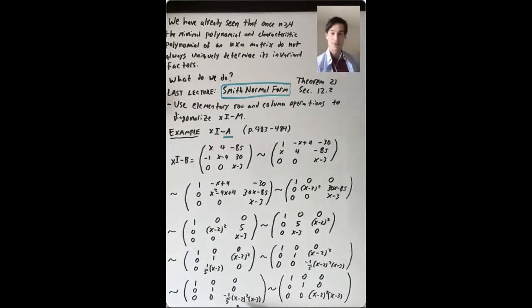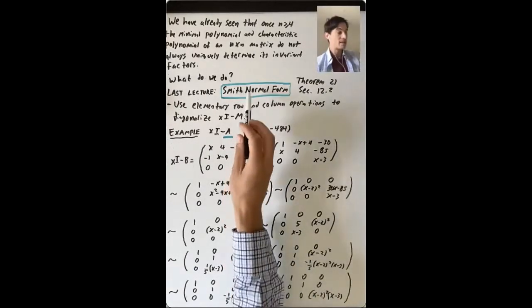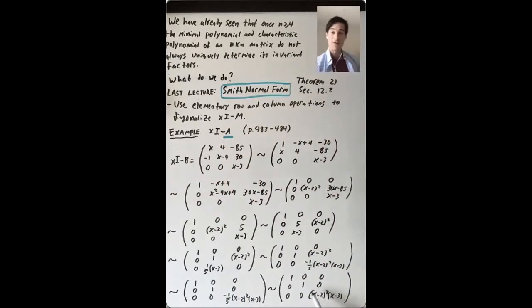But we can always multiply a row or column by a unit. So let's just multiply by -5 to turn that minus 1/5 into a 1. And now we have 1s on the diagonal and then a monic polynomial. What this process is telling us is that the invariant factors of this matrix are 1, 1, x minus 2 squared times x minus 3.